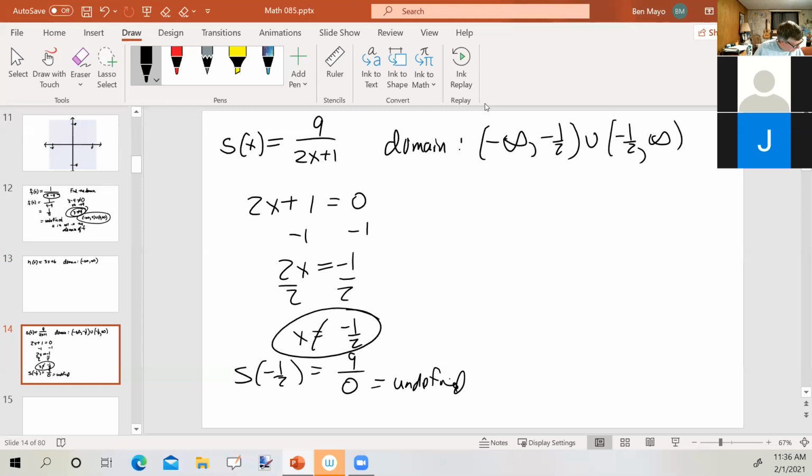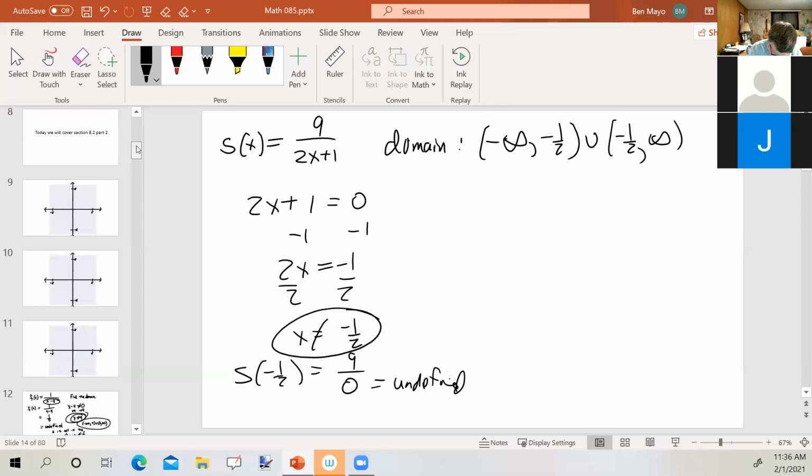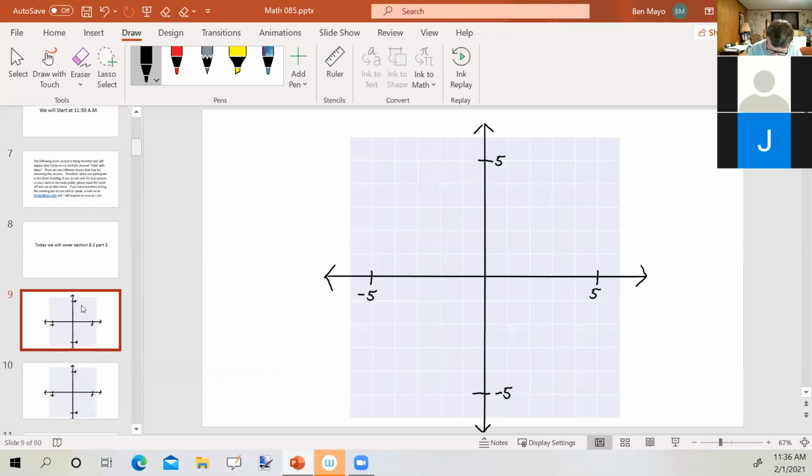Let's see here. We're going to look at graphing some functions. Let's say I've got f of x equals 2x minus 1. So this is a function already in slope intercept form, y equals mx plus b.